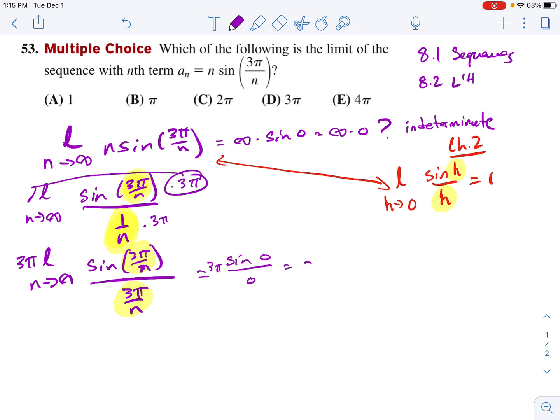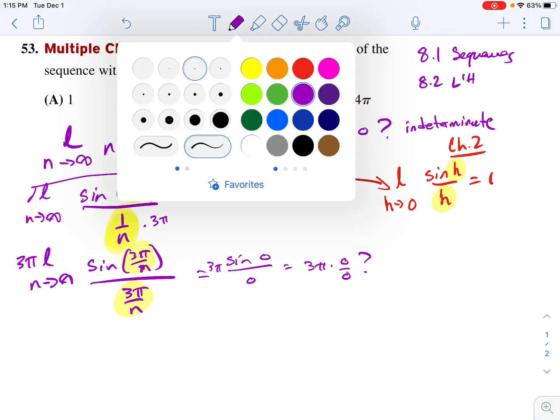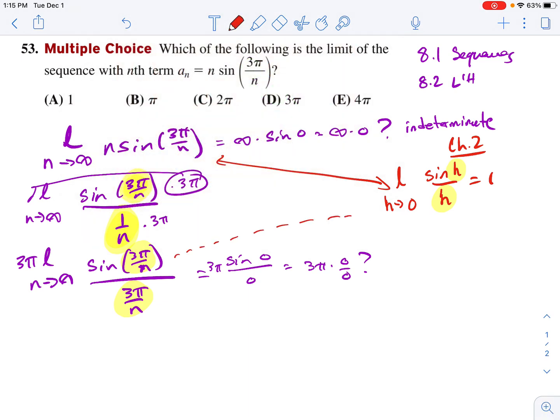But that's just 3 pi times 0 over 0, which isn't really helpful. But let's remember that this is this in hiding. Let h equal 3 pi over n. If h equals 3 pi over n, then we have the sine of h over h.